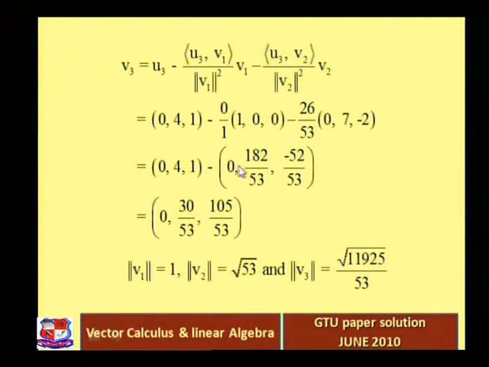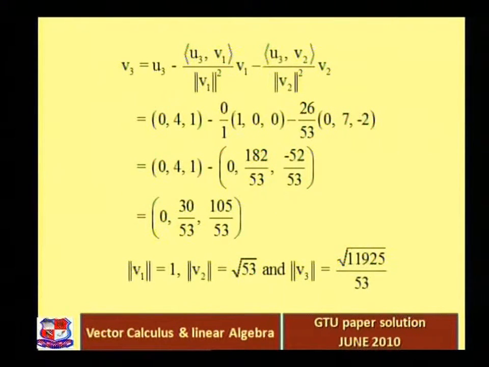So finally you will get 0 minus 0, 0, 4 minus 182 divided by 53, and that is 30 divided by 53, because 53 into 4 is 212, and 212 minus 182 is 30 divided by 53. Similarly 1 plus 52 divided by 53, taking the LCM, 53 into 1 is 53 plus 52, so finally you will get 105 divided by 53.